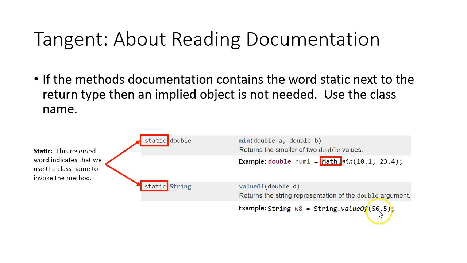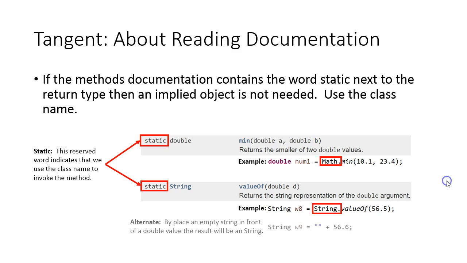And again, this is just a number I picked and put in there. valueOf converts a variable of a different data type into a string. Now it turns out there's a much easier way to do this, and that is just to make some new string and put an empty string, by putting double quotes, plus whatever value that is.